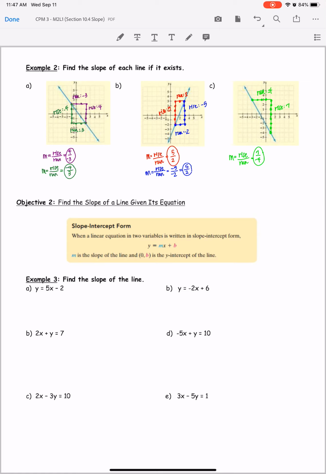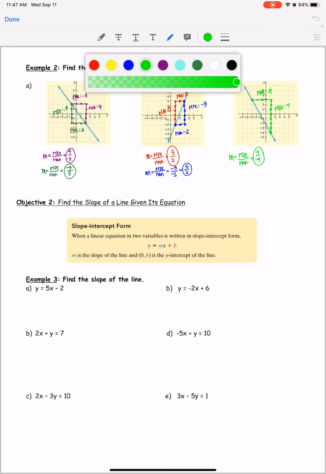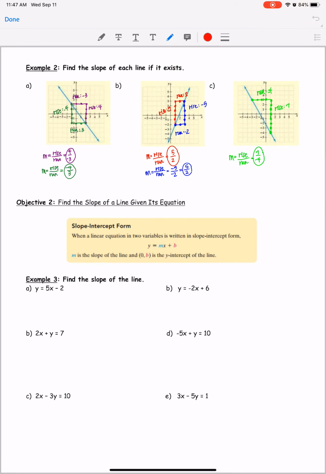Objective 2, we need to find the slope of a given line when we're given an equation. So it says right here, we have something called slope-intercept form. And your slope-intercept form is when a linear equation in two variables is written in this form here.